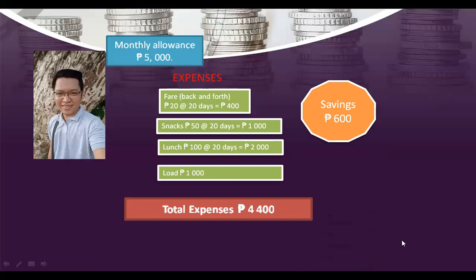So that's for his savings. What is he going to do with his savings? Lanvin could invest it because, as I've said, he is a financial management student, so he's going to apply what he learned in the university.